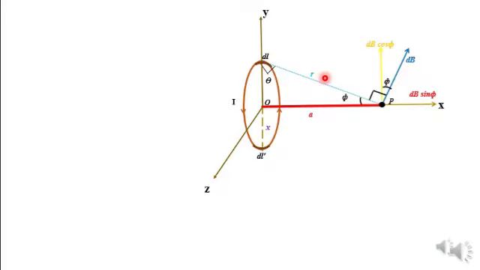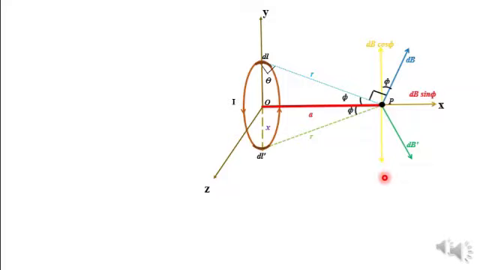Consider another current element dl dash diametrically opposite to the first current element. Let r be the distance from this current element to the point P. Since the circular loop is symmetrical about its axis, this angle is also phi. Let dB dash be the magnetic field produced by the current element dl dash. This is the vertical line.